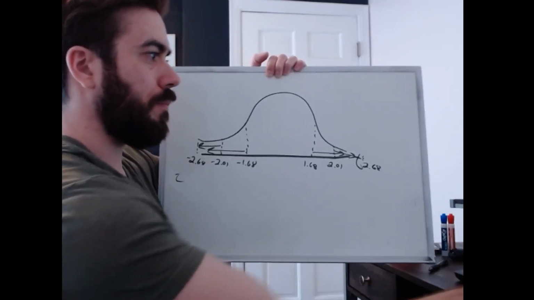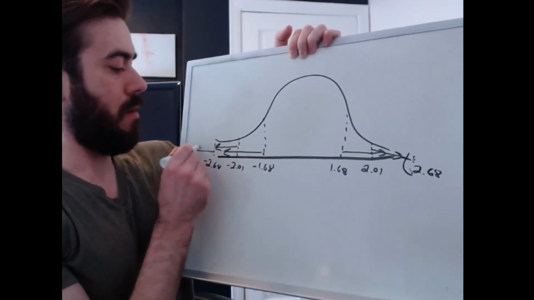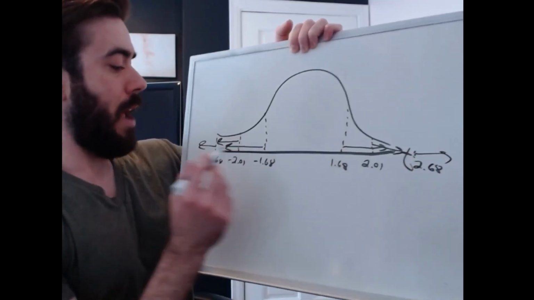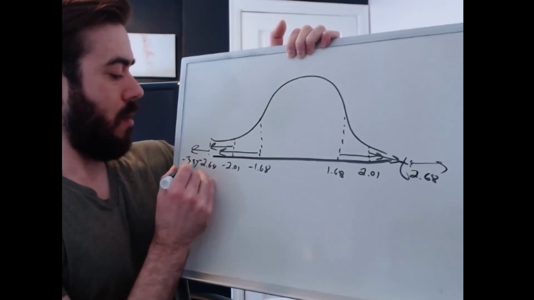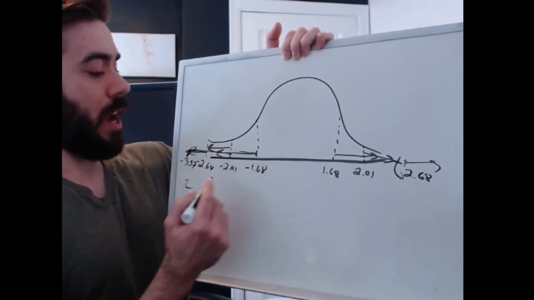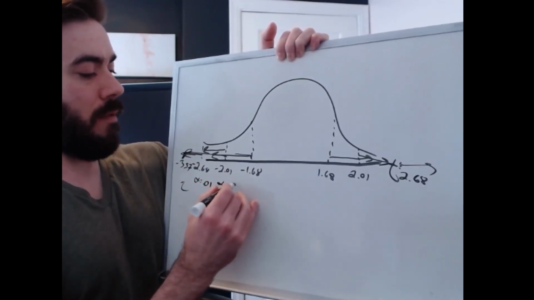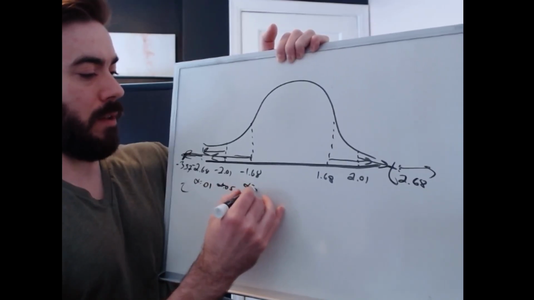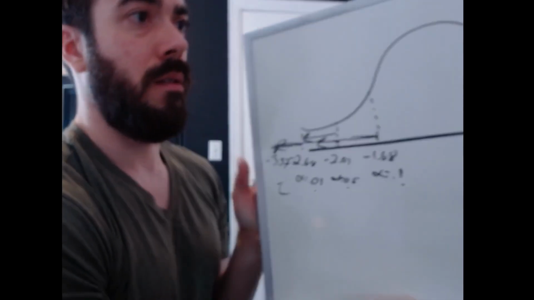Yeah, it was 2.68. So here are my critical values and my rejection regions. I found negative 3.57 as a test statistic, which is going to be way out here, so I plot that. It's clearly in the rejection region for every single one of these different alpha values. So for alpha equal to 0.01, 0.05, and 0.1, right?